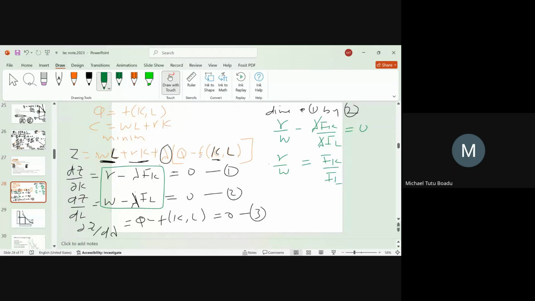Please note that FK is the same as the marginal product of capital, and FL is the same as the marginal product of labor. So R over W is equal to MPK over MPL. While this is the slope of iso-costs, this is the slope of iso-quants.